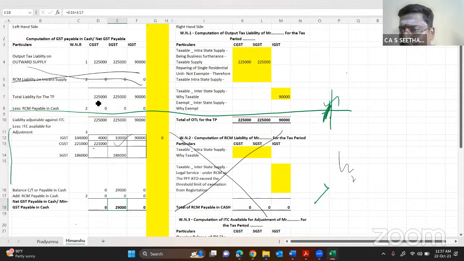Practically, when you take the GSTR 3B, exactly this is the presentation model. So for your convenience or inconvenience, you cannot change the GSTR 3B model. Okay, my dear?